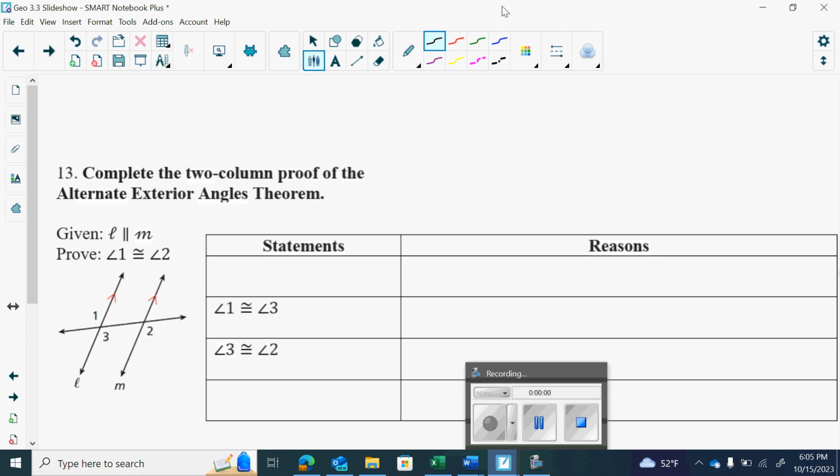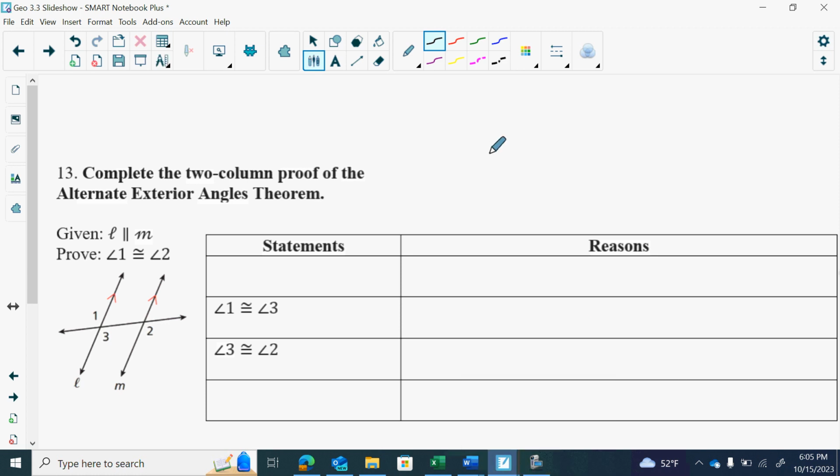So today we're going to be going through 3.3, but before we do that, I thought it'd be a good idea to take a look at this question from your homework, which is proving the alternate exterior angles theorem. If you remember, that states that if two parallel lines are cut by a transversal, then the two pairs of alternate exterior angles are congruent.